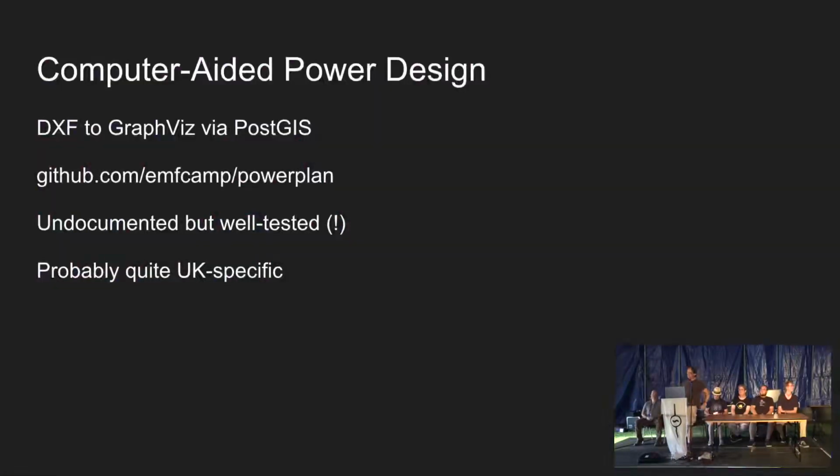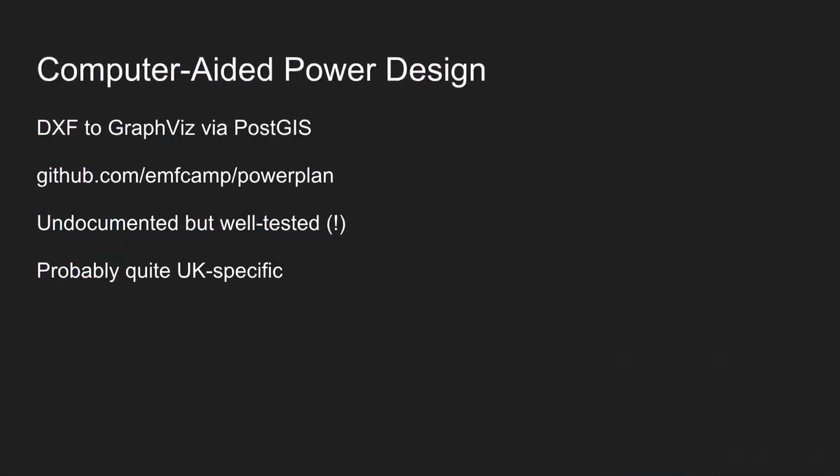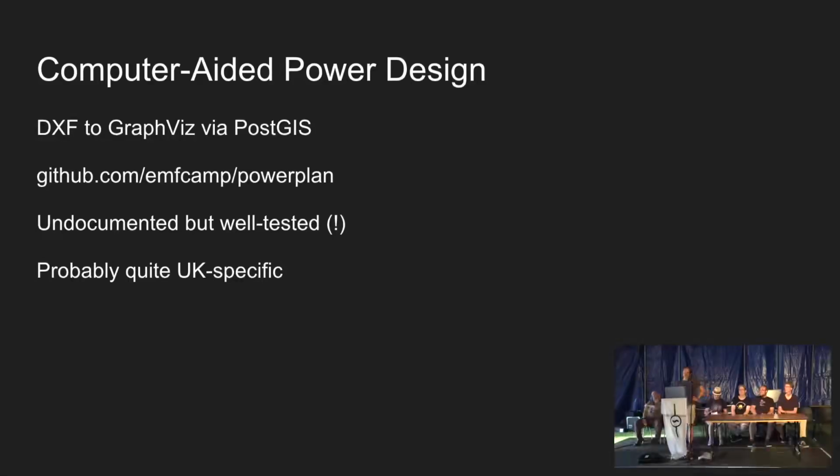So we have this computer-aided power design system, which takes our main plan, which I showed you before, and works out if the plan is valid and the right things are plugged into the right panels and so on. And then it spits out some lovely graphs.